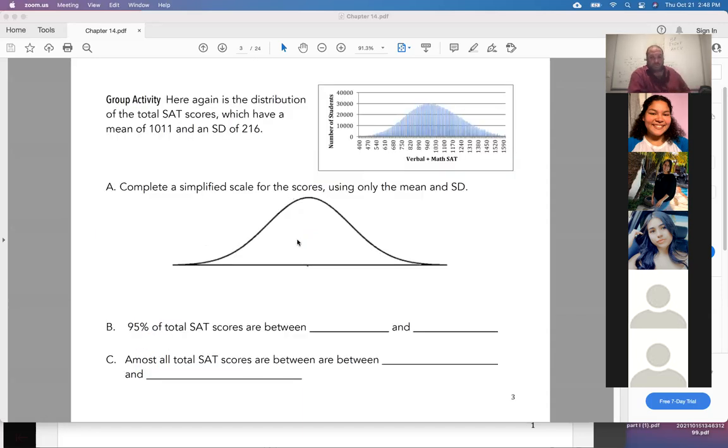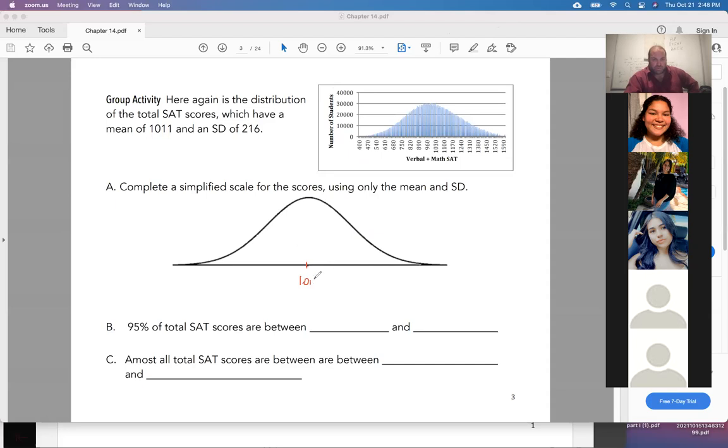So here's another one. This is SAT scores. And apparently whatever data this came from, the claim is that the mean is 1011 with a standard deviation of 216. So in my little graph here, my little sketch, what number would I pick right here in the center? 1011.